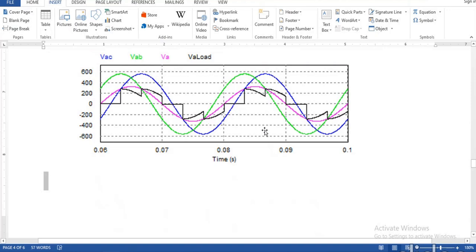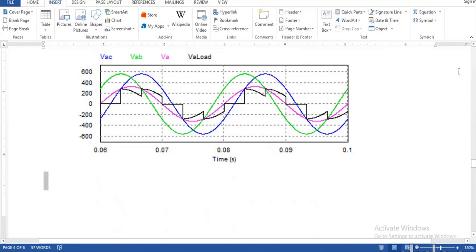After all, because we have assumed the load to be resistive, there is no variation between the current waveform and voltage waveform. The shape will be exactly similar. Only the voltage divided by the resistance will be the current. That's all.